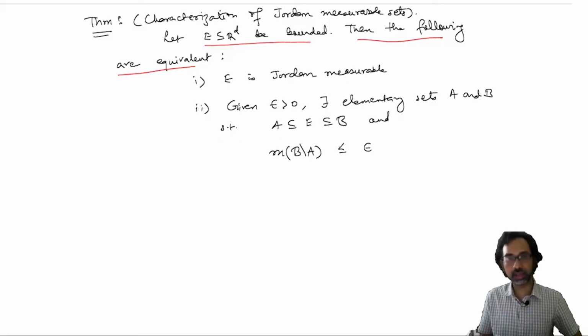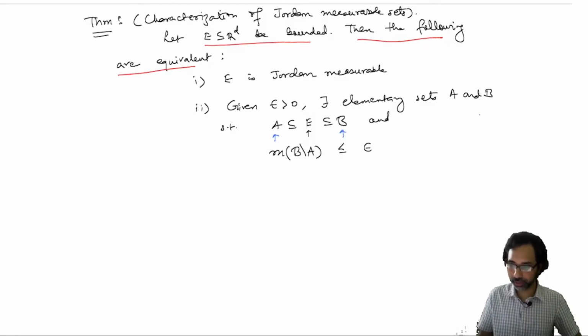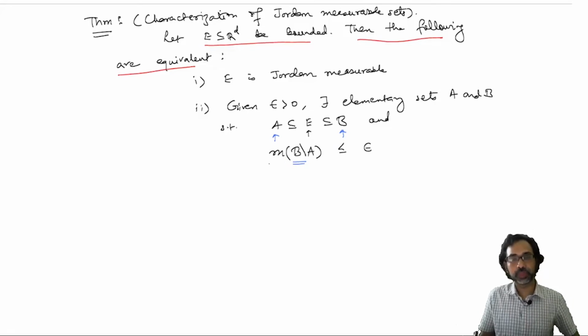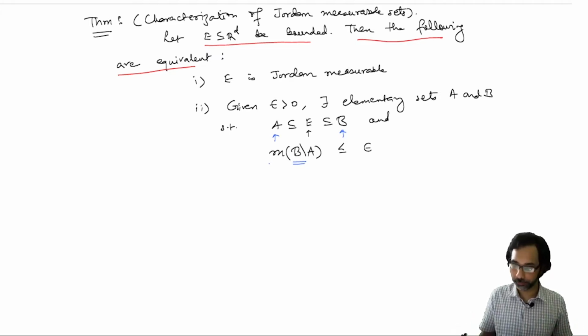So this second condition says that the set E can be sandwiched between two elementary sets A and B such that the difference B minus A has elementary measure as small as we like. This says that the difference between the inner approximation and the outer approximation can be made as small as we like.